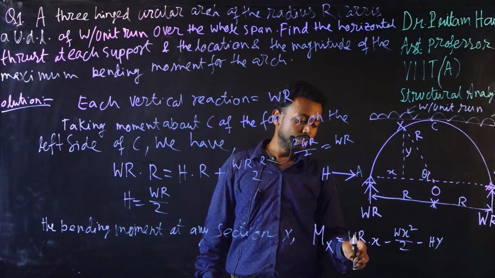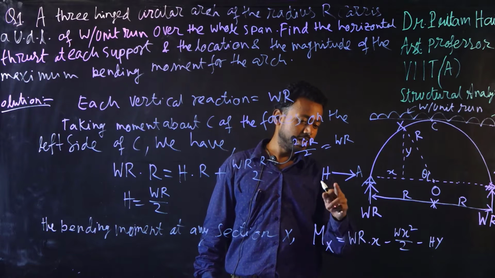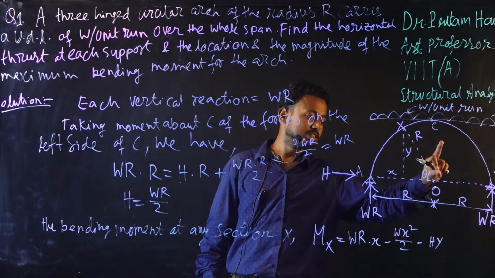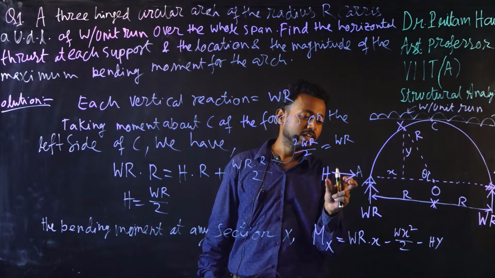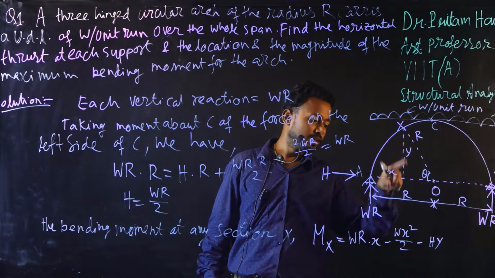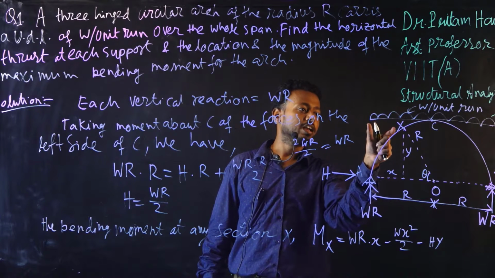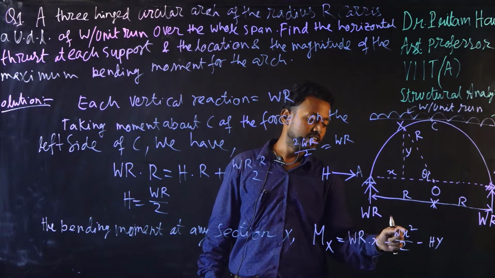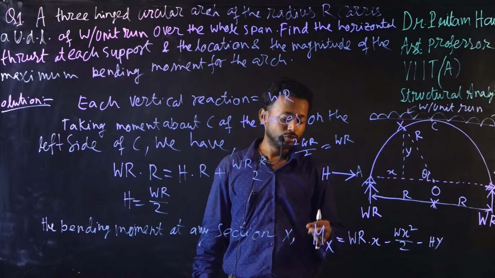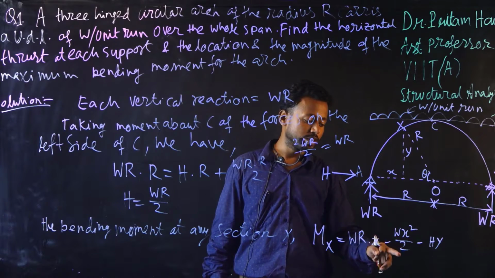So wr into x, at any distance x, minus h into y, this distance is y, this is x. Then the load intensity is w acting on x length, and the CG will be at x by 2 distance, so w into x by 2, so w x square by 2. So we have the bending moment at any section: wr into x minus wx square by 2 minus hy.